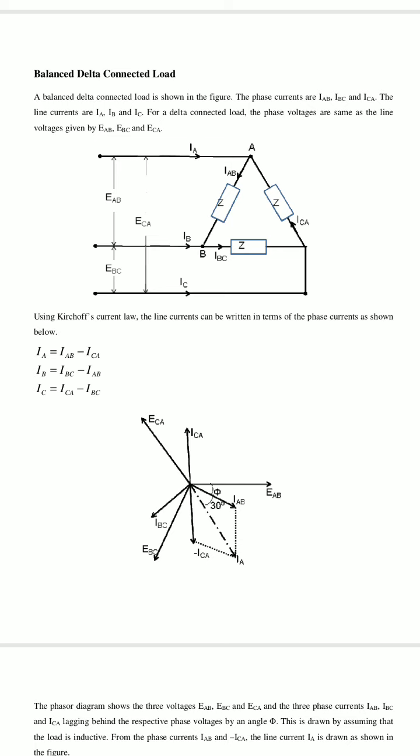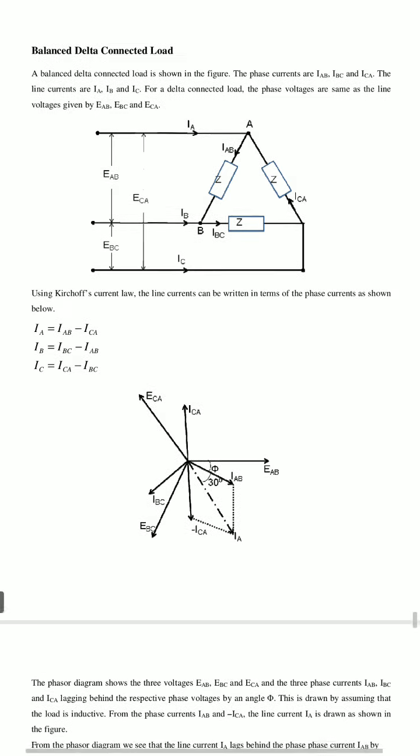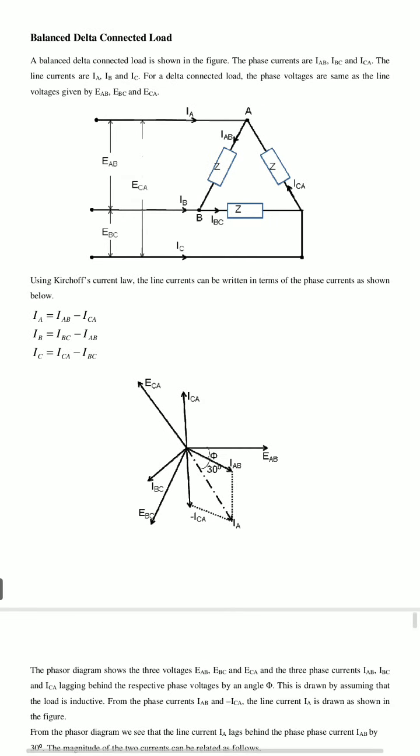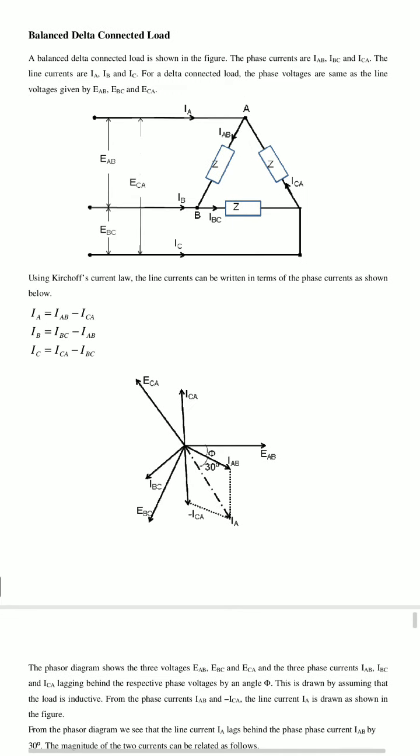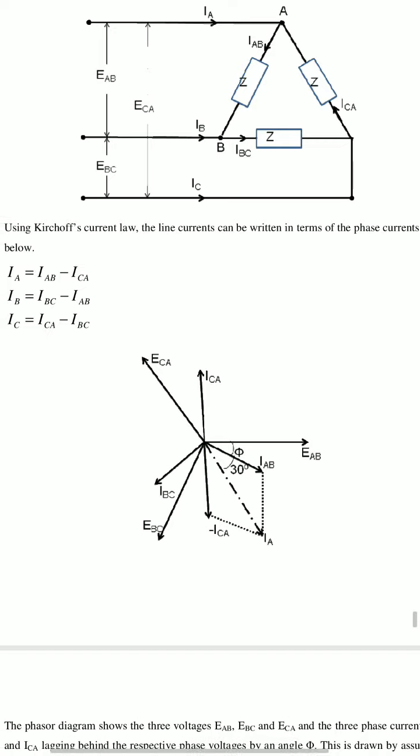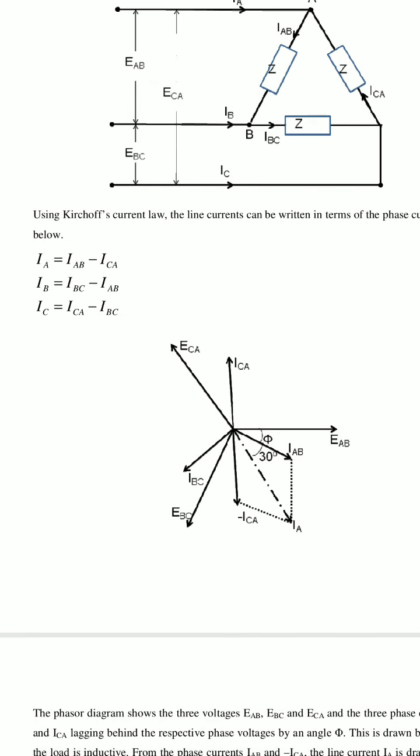This line voltage appears across the load, that is the load voltage is nothing but the phase voltage. Here in this case, line voltage and phase voltage are both the same in delta connection, but the currents are different.